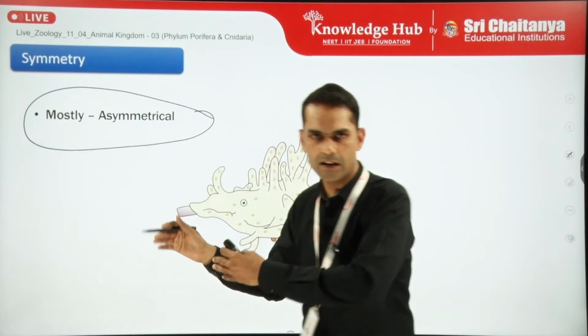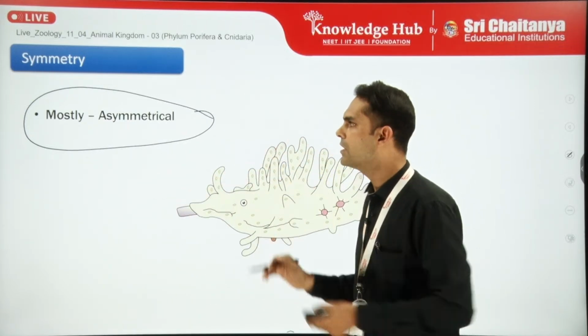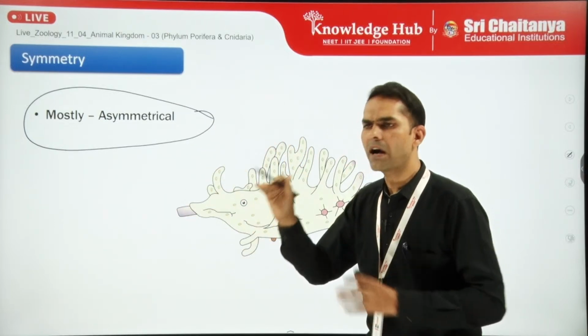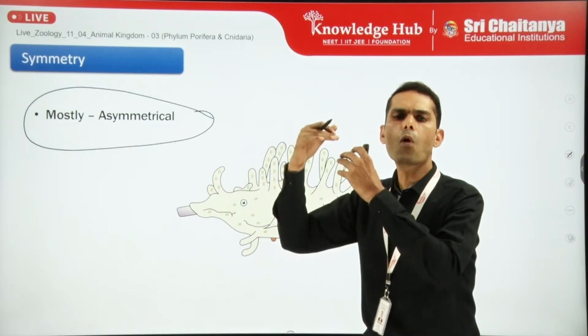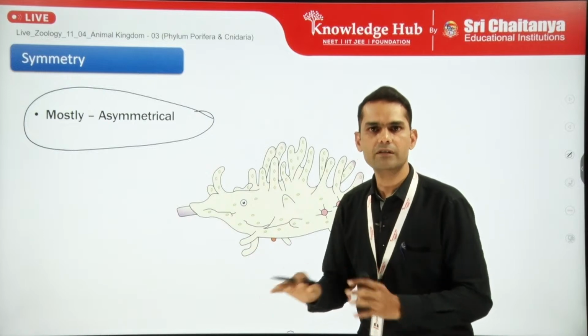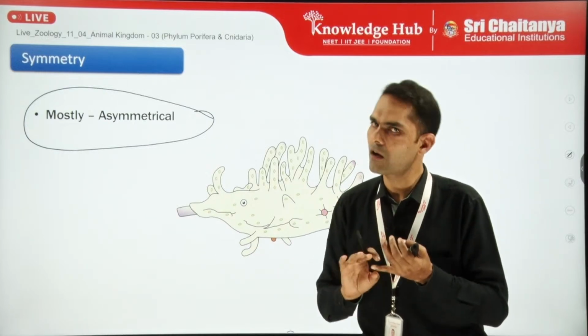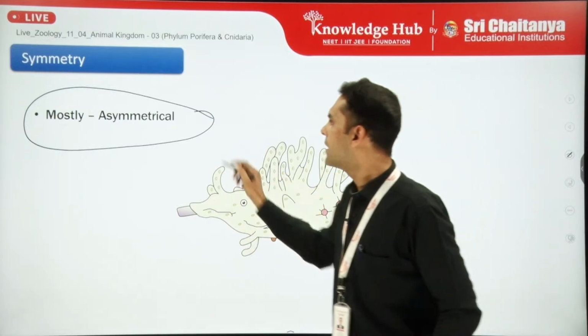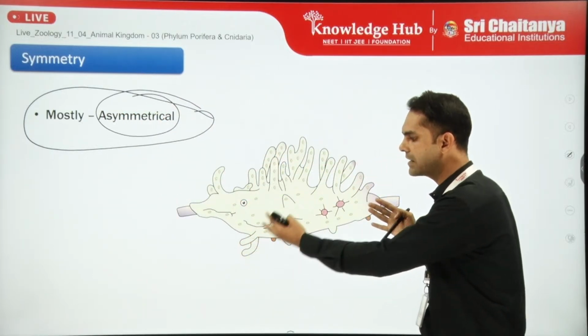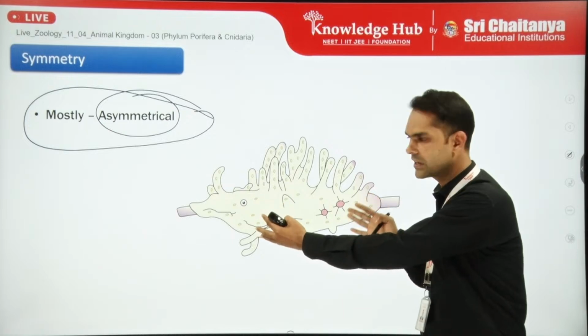I will write it down, and these examples are coming further also. These two have radial symmetry, but apart from these two, mostly Porifera are irregular in shape, and therefore they have neither bilateral nor radial symmetry, so they are asymmetrical in nature. As you can see, there is no symmetry we can guess in such organisms which have an irregular shape.